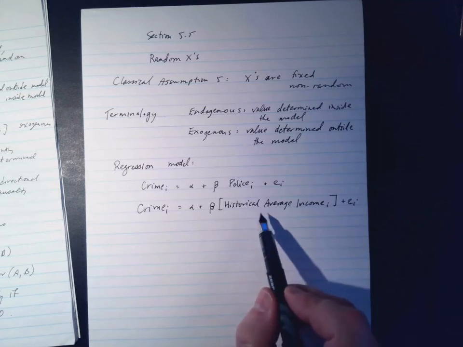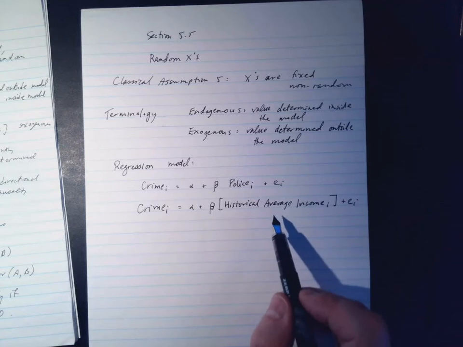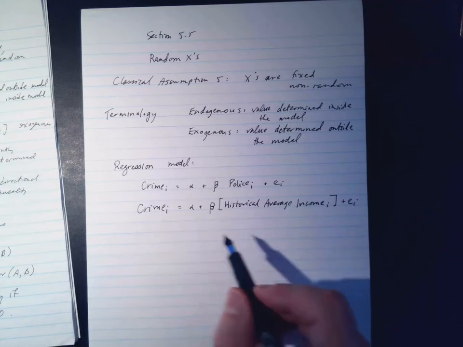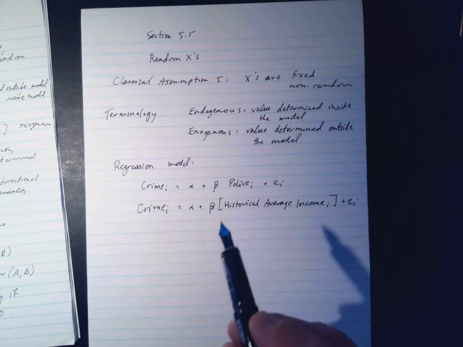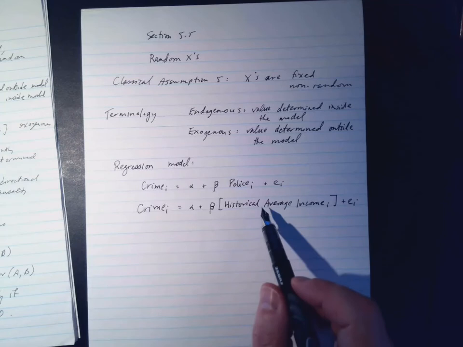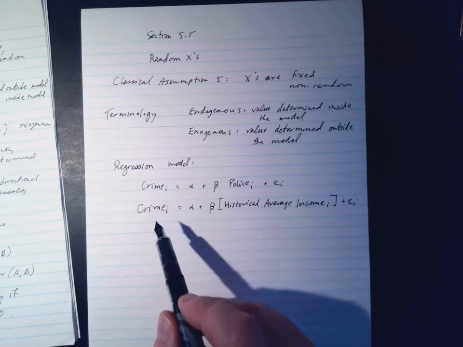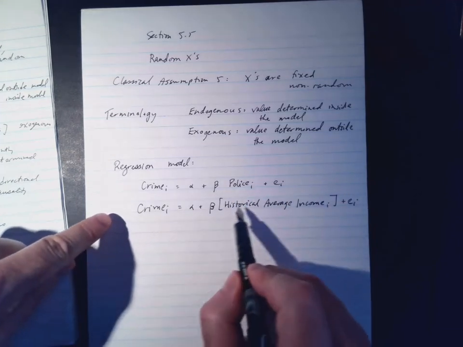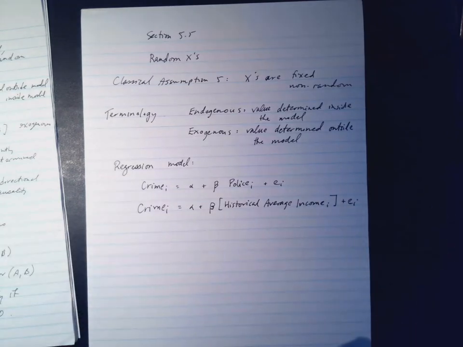That'll be like the average income in a city over the past 30 years leading up to today. Well, this is exogenous. The average income over the past 30 years is not going to be determined by the future crime rate. So this one would be exogenous. It's determined by something outside the model.